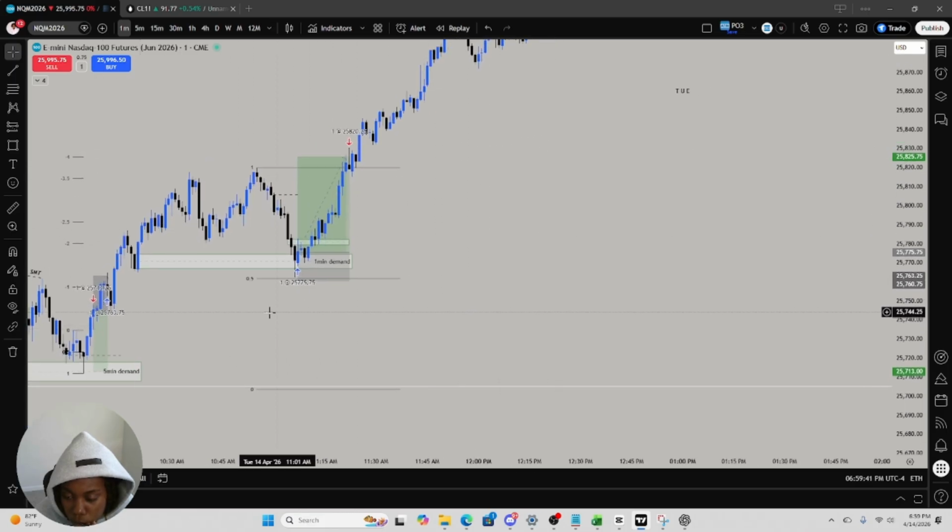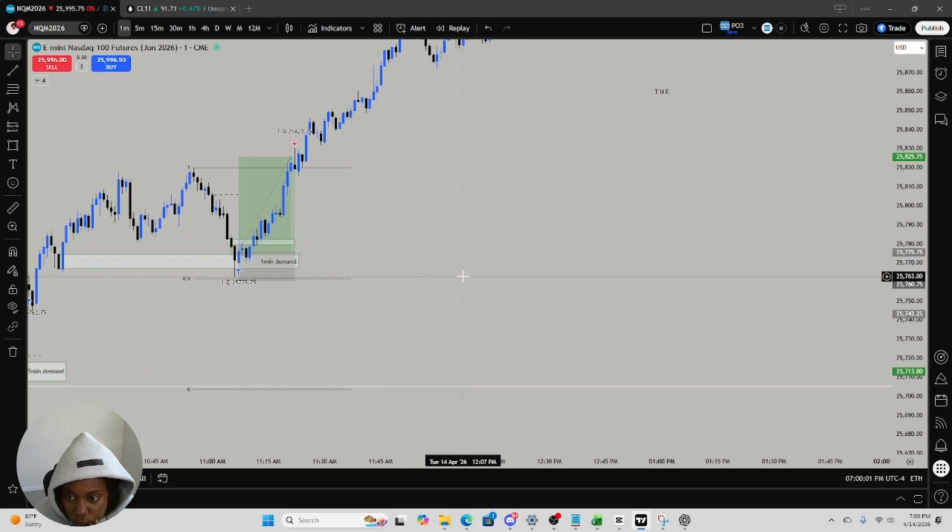So equilibrium of this whole range and 1 minute demand. This 1 minute demand that we bounced off of, and then we inverse this 1 minute gap. Okay, so we got our drawn liquidity, our inverse fair value gap, CISD, expansion, literally.